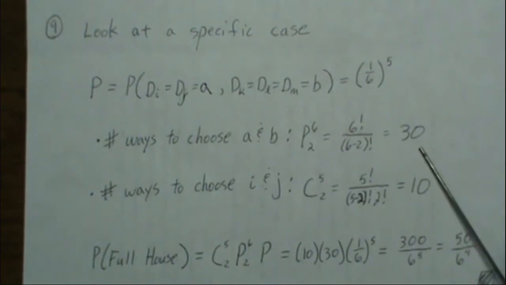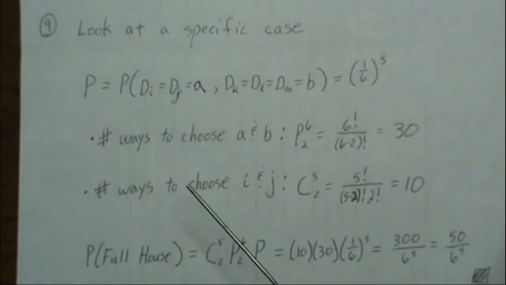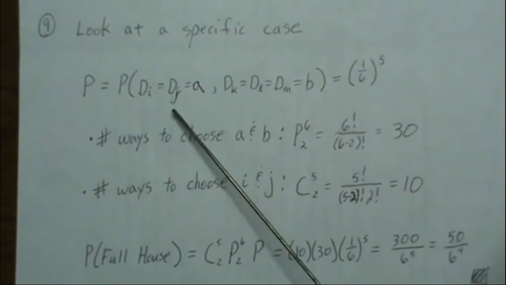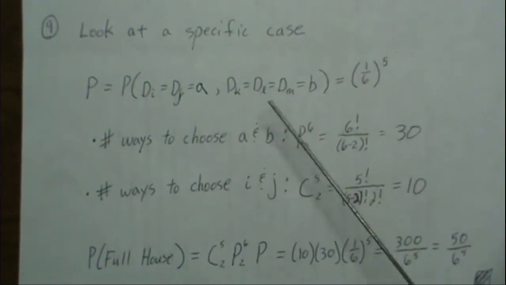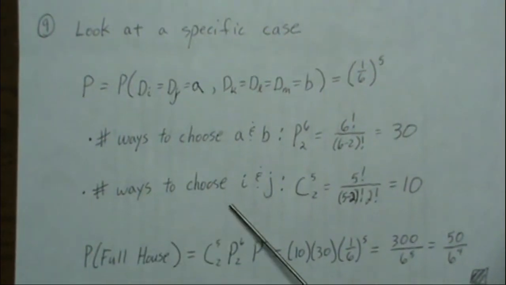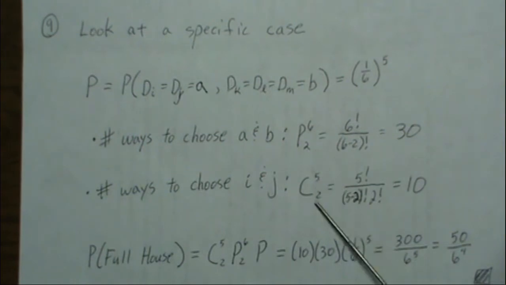So there's 30 different ways that we can choose values for A and B. And now, what's the number of ways that we can choose 2 die? If we choose 2 of them to equal A, then the other 3 are determined, so they don't have an option. So the number of ways to choose 2 die, say I and J, is 5 choose 2. So there's 10 possibilities.